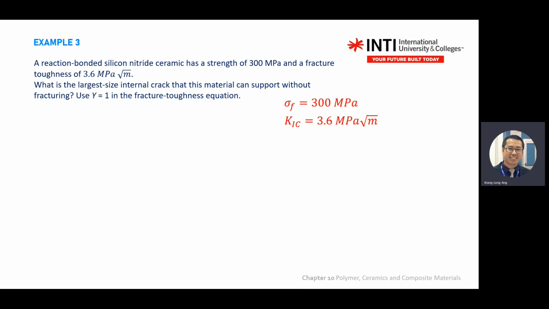Remember to transform the units into SI units. Y equals 1 because the question gives you 1. If the question forgets to give Y, you write, assume Y equals 1. So you have KIC, you have Y, you have sigma. Then the only missing parameter is A.